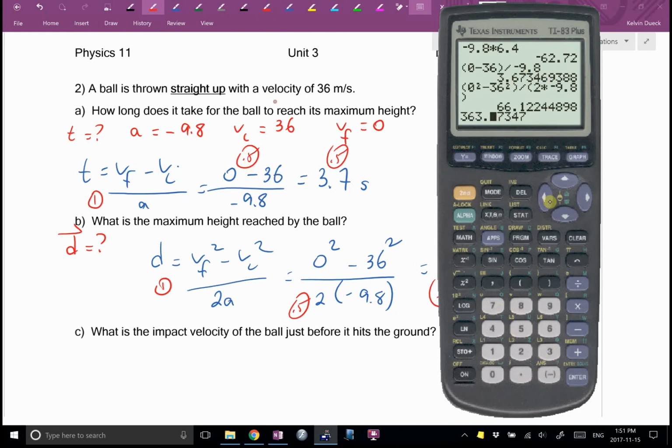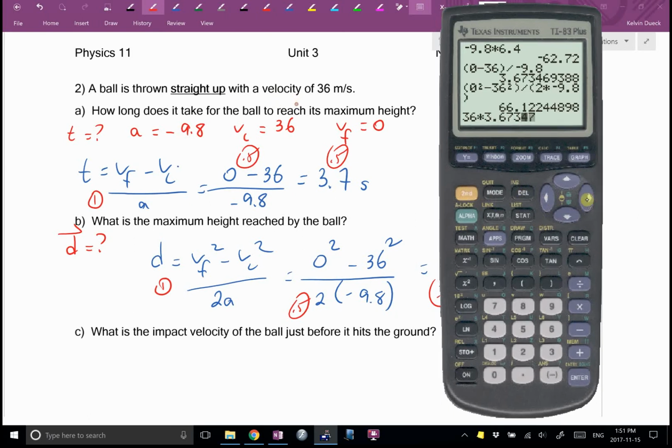Let's try that again, this time with the times in there. 36 VIT plus a half A T, 3.67347 squared, and I should get really close to 66.1. The fact that I got the same answer that way means A must be right. Yay! So you can check your answers with a bit of cleverness.